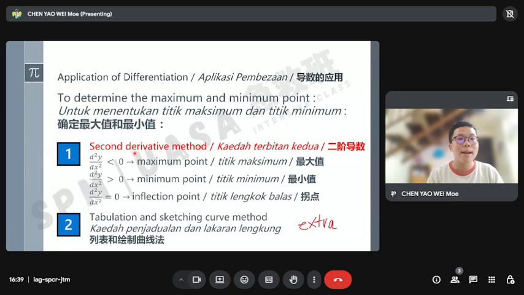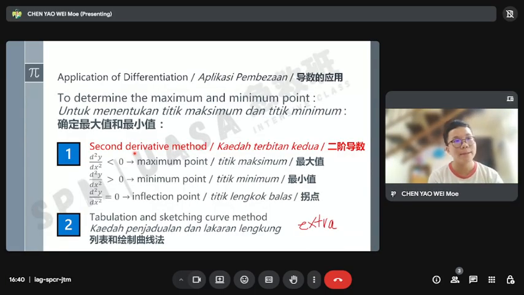Okay, when you're done with the second differentiation, you have x, so you sub the x into d2y over dx squared. When your answer comes out, you detect: if the second derivative is less than 0, we call that turning point a maximum point.